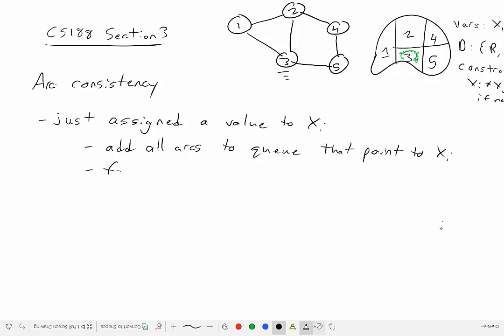Then for each arc, if that arc violates arc consistency, then we cross off those values of the domain.